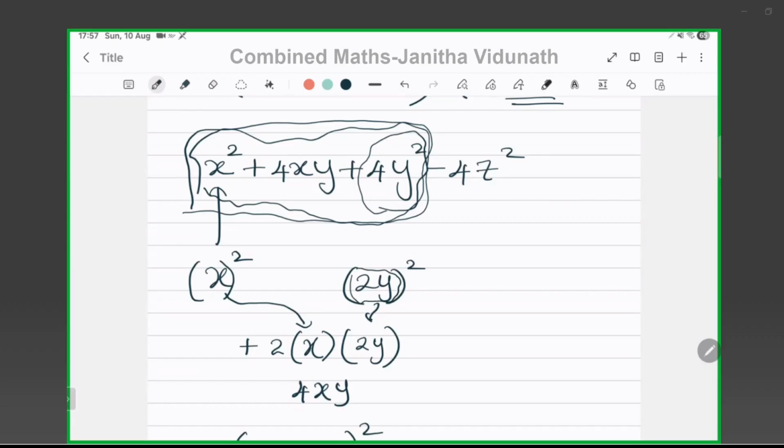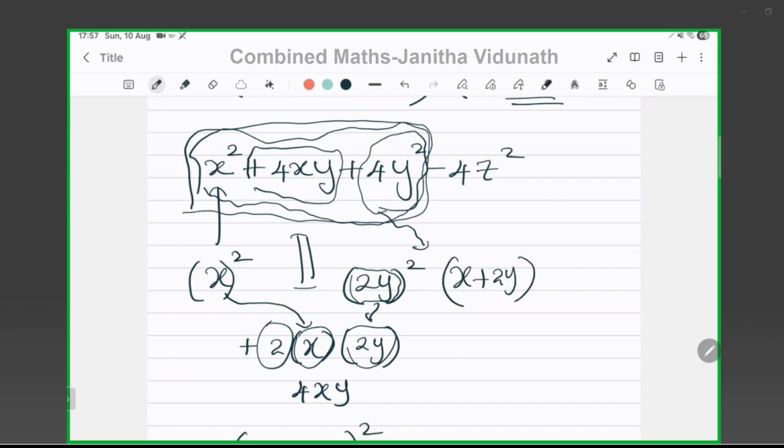Then we check whether the middle term consists of 2 times the first term times the second term. We observe that this is also the same. Then we can write this as x plus 2y whole square.